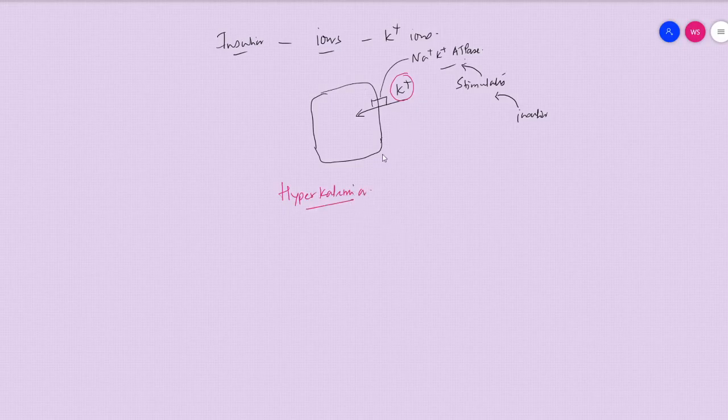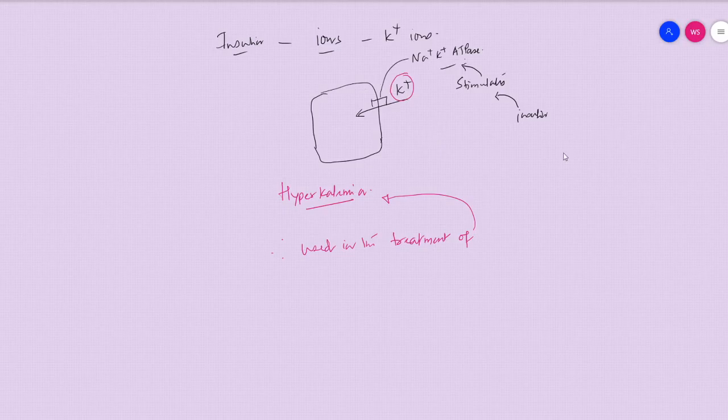So insulin has an effect like this. Therefore, it is used in the treatment of hyperkalemia, because of this effect.